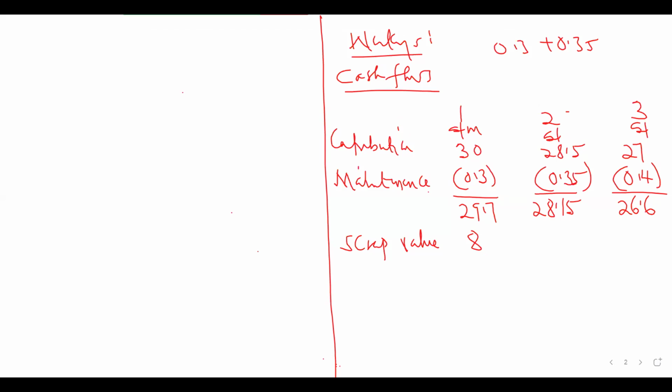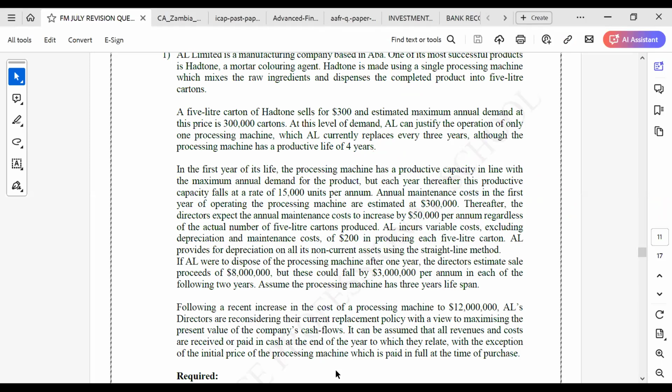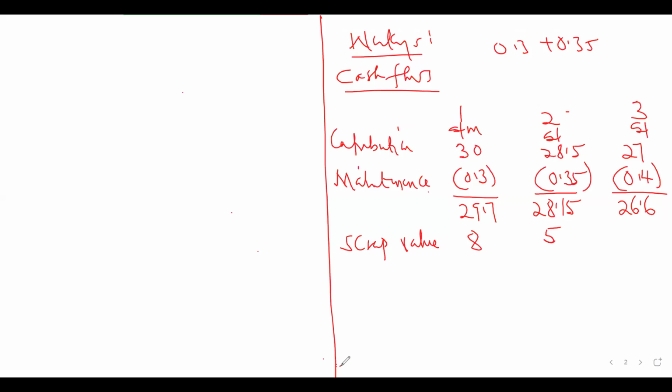So if we are selling in the second year, how much are we going to be receiving? 5 million. Okay. Third year will be how much? 2 million.